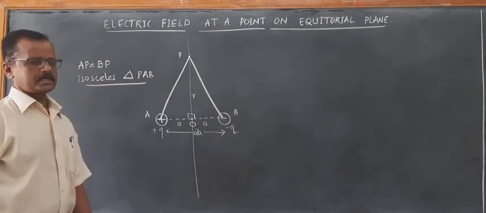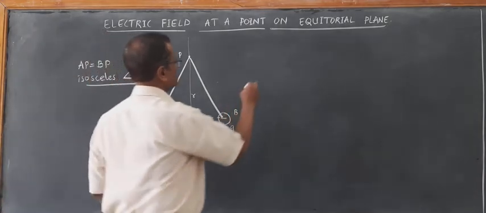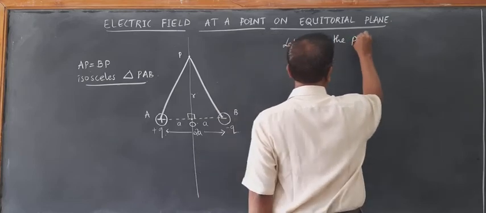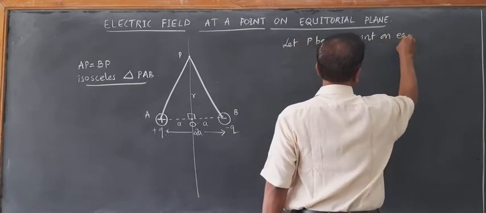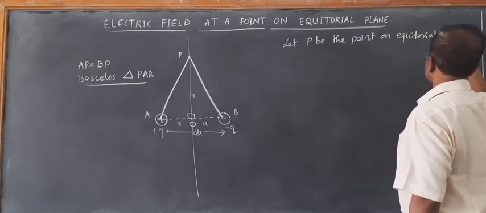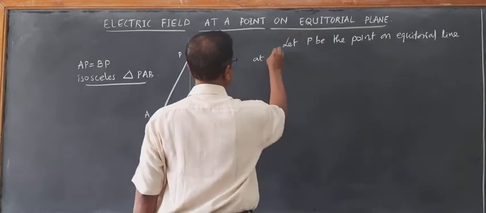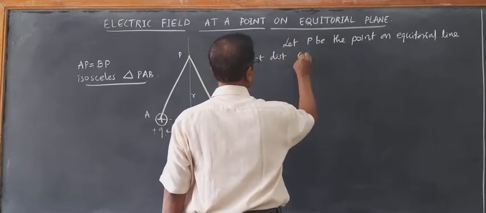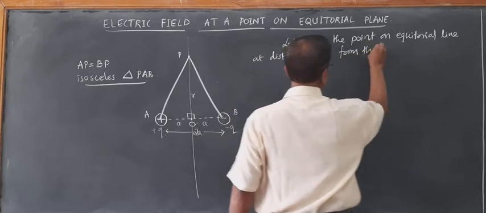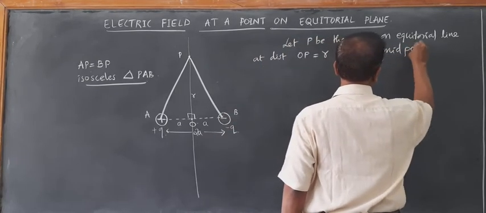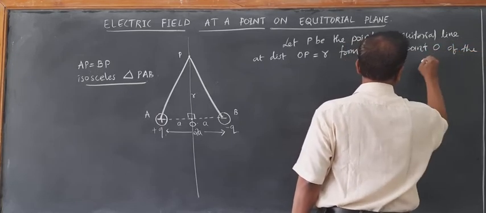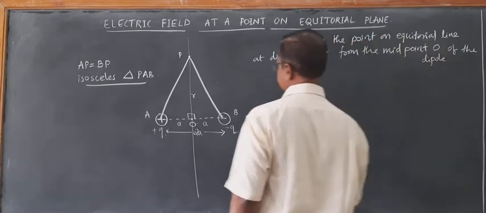So we will start. Let P be the point on the equatorial line at distance OP equal to r from the midpoint O of the dipole.